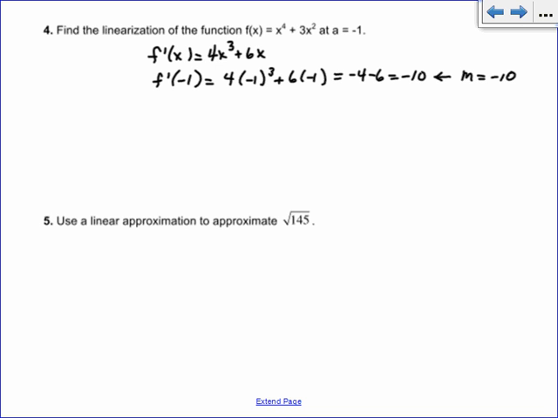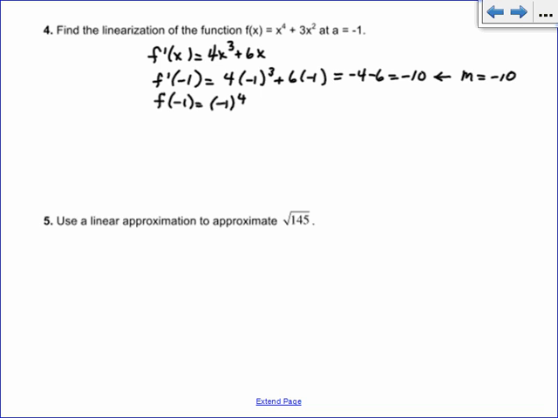And then my point, I know I have -1 comma, but I don't know what the y value is, right? So I need to find it. So I have f of -1 is -1 to the 4th plus 3 times -1 squared. So I get 1 plus 3 is 4. So I have the point -1 comma 4.